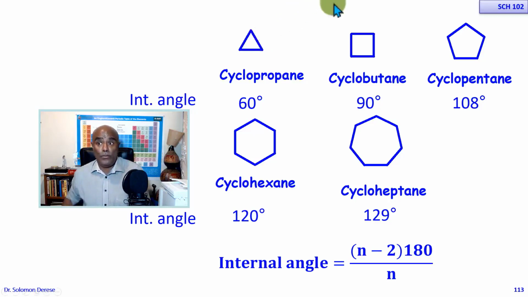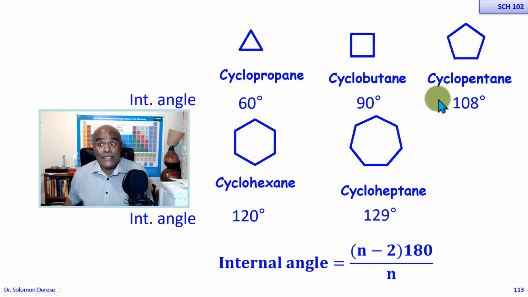So cyclobutane and cyclopropane are unstable because of strain of the angle. Their angles are strained, less than the ideal 109.5 degrees.